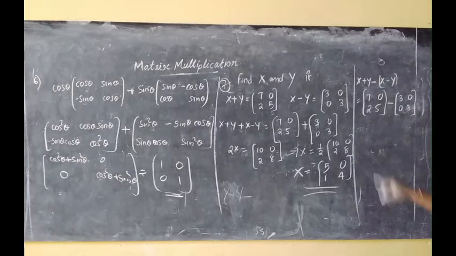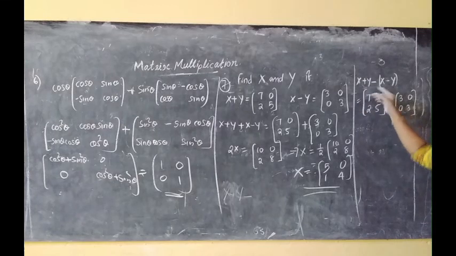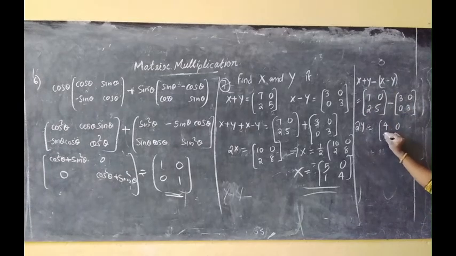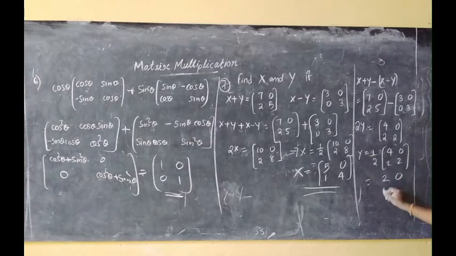On subtraction, we get 2y. That is 7 minus 3, 4, 0, 2, 5 minus 3, 2. Then y is equal to half of 4, 0, 2, 2. That is 2, 0, 1, 1.